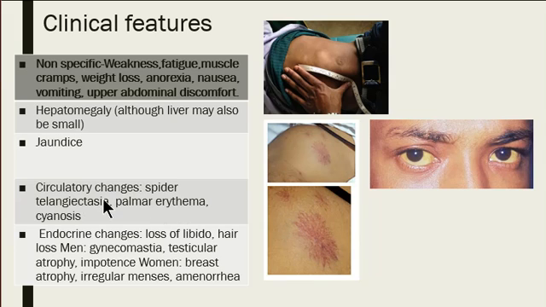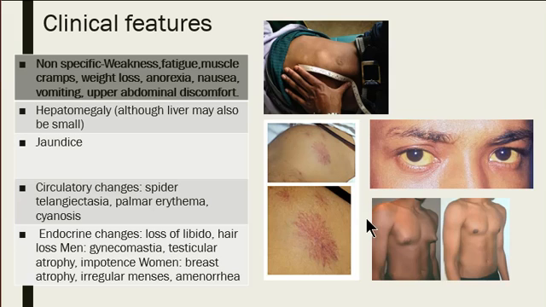spider telangiectasia. Apart from that, we also notice palmar erythema or the reddening of the palms, and this is the result of increased estrogen. Coming to the endocrine changes, these are very early on seen, right? So the endocrine changes include gynecomastia in men.